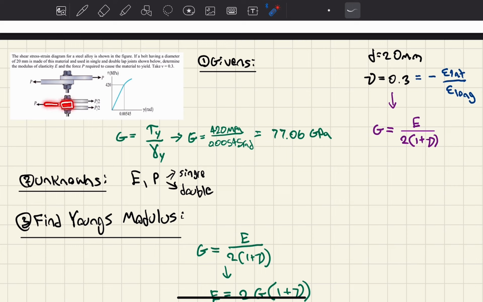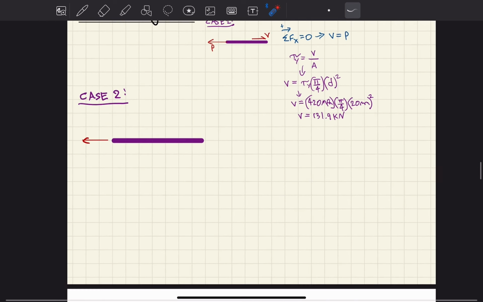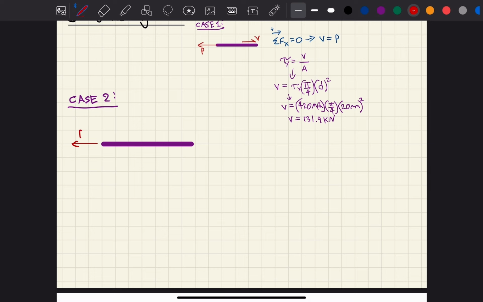I have my force P, but now I have not one, but two shearing forces acting on my bolt at this section right here. So instead of one shearing force up here, I'm going to add two, one on this side and one on this side. So I'm going to write P, with one shearing force like this and one shearing force like this.